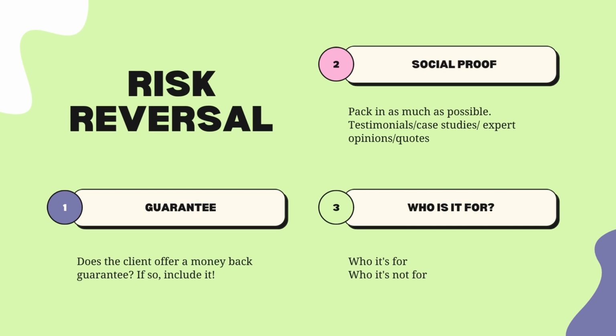You might want to use a quote from Tony Robbins or Mel Robbins, or someone in that space who has that clout, and lean on them to give more social proof to your client.